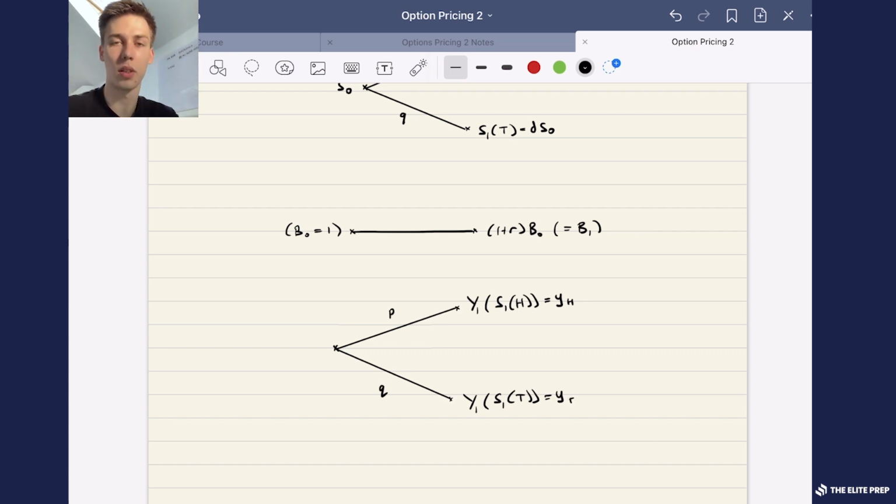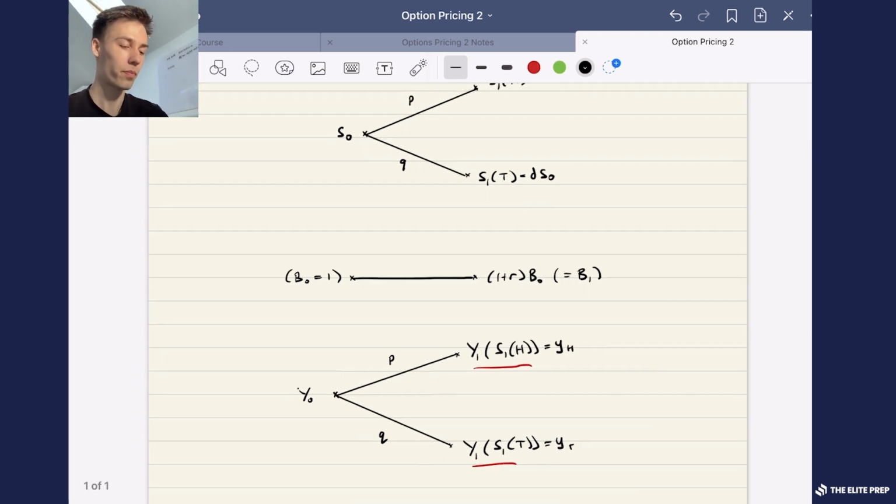And what we want to get is the price at time 0 of Y1. So Y1 at time 1 is the payoff of the derivative, and Y0 at time 0 is its price. This is the amount for which we'll want to sell or buy the derivative.